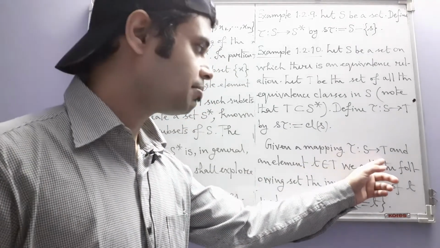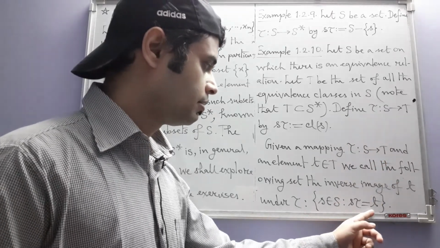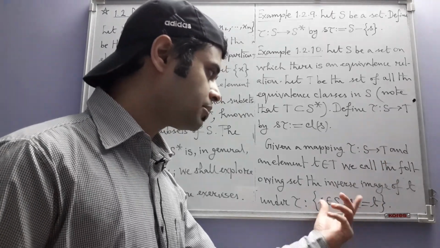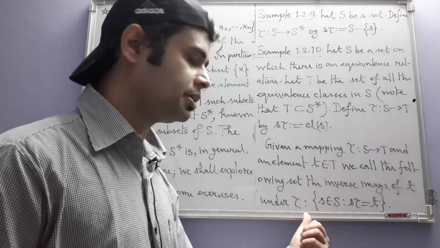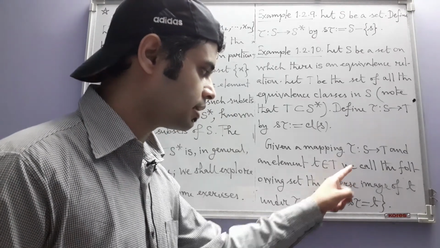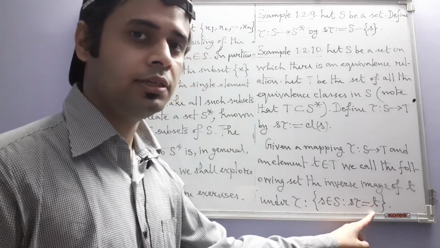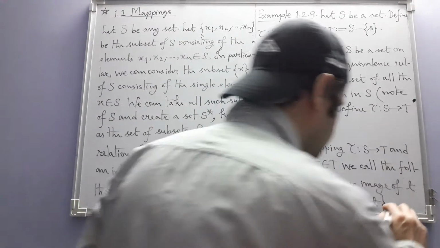So we are given a mapping and we have chosen an element in the second set. So the inverse image of this element under the mapping is actually the set of those elements in the first set whose images are equal to t.